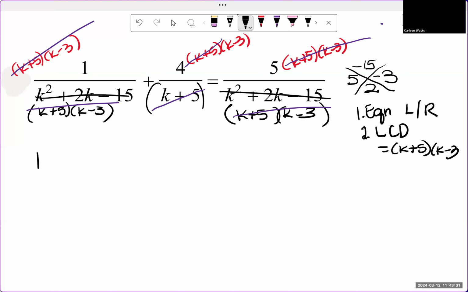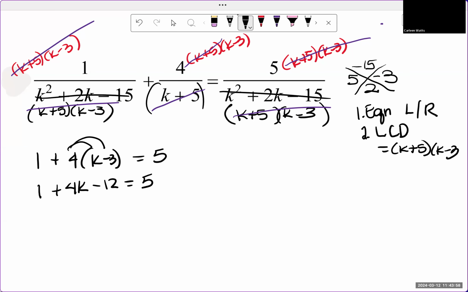So I have 1 plus 4 times k minus 3 is equal to 5. Distribute. 1 plus 4k minus 12 is equal to 5. Combine like terms. 4k minus 11 is equal to 5.